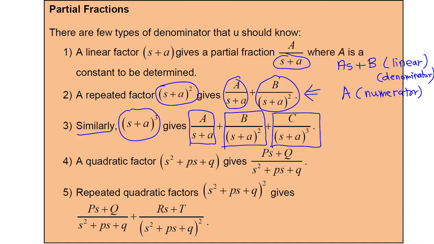And then number 4, a quadratic factor. If the denominator is quadratic, the numerator must be linear. So linear over quadratic.